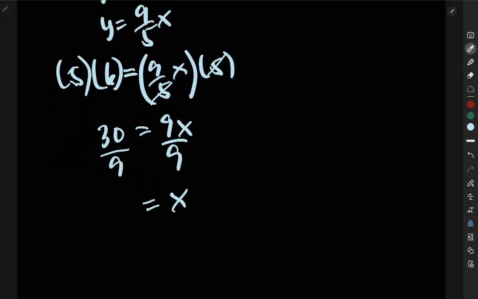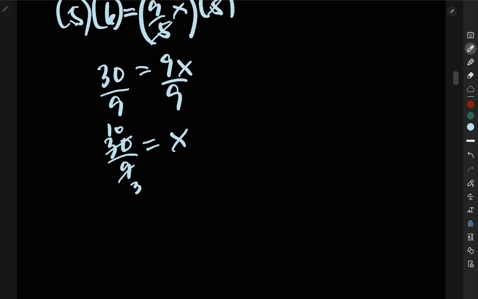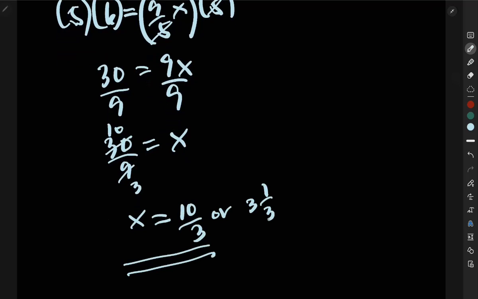But both are divisible by 3, so we're going to reduce this. Divided by 3, this is 10. Divided by 3, this is 3. So x equals 10/3. Or if you don't like improper fractions, you can write it as 3 and 1/3. It's the same.